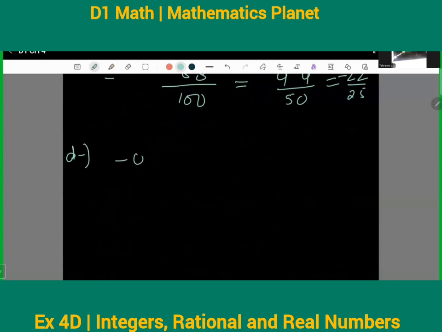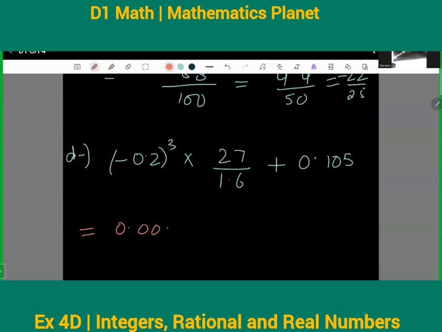Okay, D part. D part is minus 0.2 cube multiplied by 27 by 1.6 plus 0.105. So 0.2 cube is 0.008 with a negative sign, multiplied by 27.